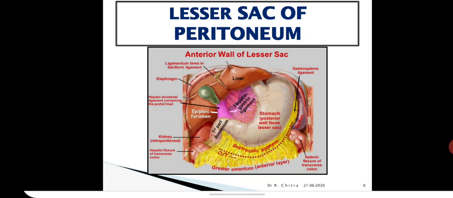Behind the greater omentum, you can see the transverse colon. The greater omentum is attached between the stomach and the transverse colon. So between these, the right margin is the right free margin of the greater omentum. Between the transverse colon and the first part of the duodenum, the right margin is formed by the reflection of peritoneum from the neck of the pancreas to the posterior surface of the first part of the duodenum.